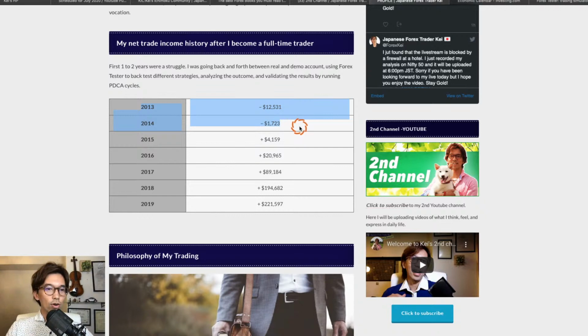Those kinds of show-off websites and information were around in Japan too. I mean, the scams are out here in Japan too. So I was actually using my money. I mean, I was paying for these scams also, and I was learning Forex trading. So by now, looking back at 2013-14, I think it was my lesson.